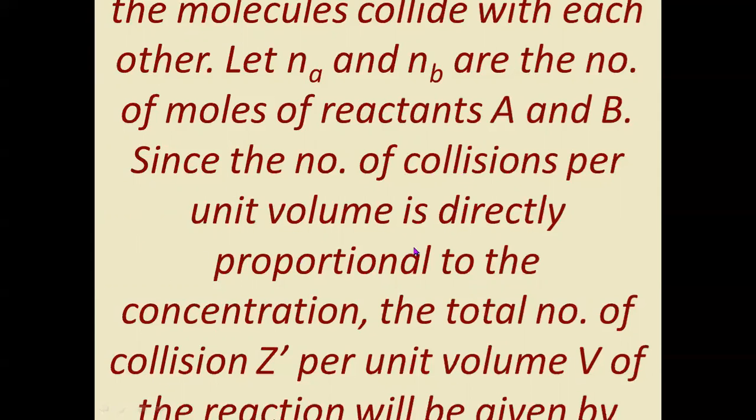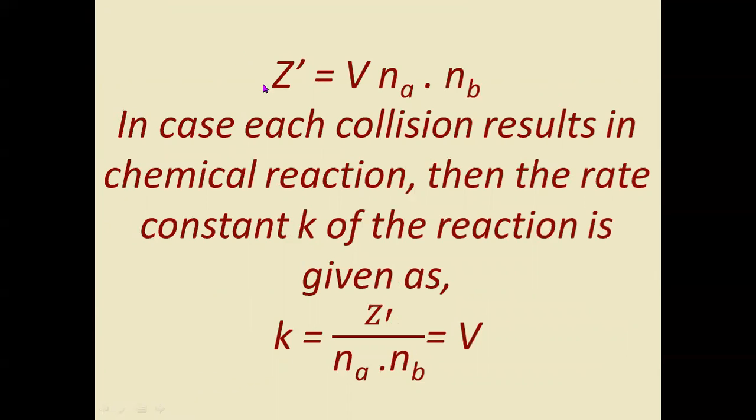The total number of collisions, that is Z dash per unit volume of the reaction, will be given by Z dash is equal to V into Na into Nb. Here V is volume, Na is number of moles of reactant A, and Nb is number of moles of reactant B.